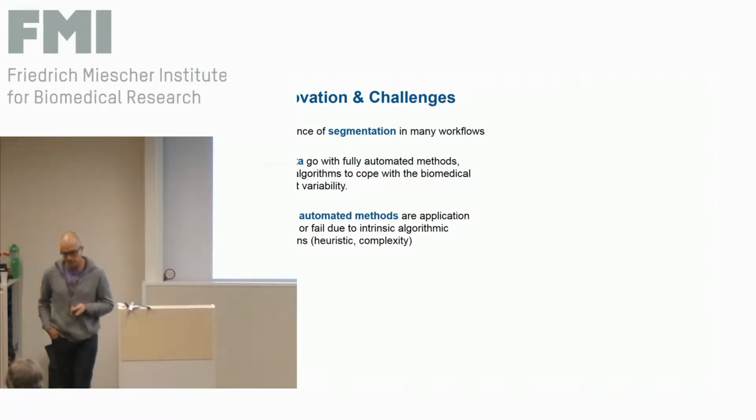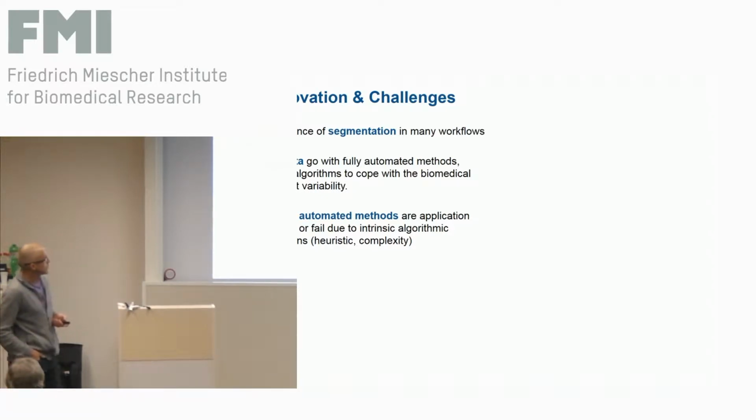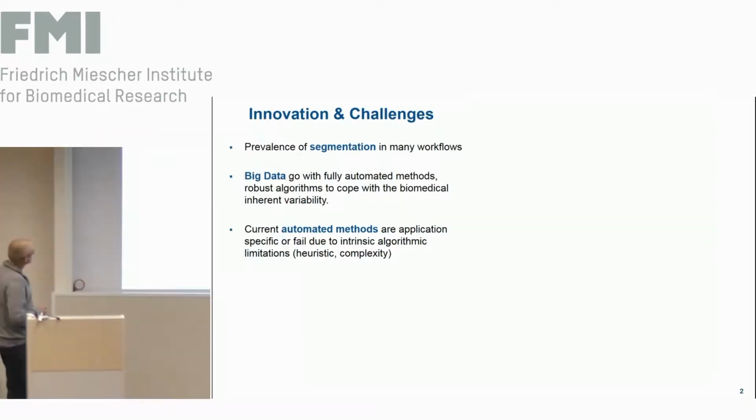So the idea of having a very good segmentation process is quite neat, because afterwards you can guarantee that all the rest of the workflows will be quite smooth. So tackling the problem of segmentation could be already a good starting point for many of the image analyses that you have to perform.